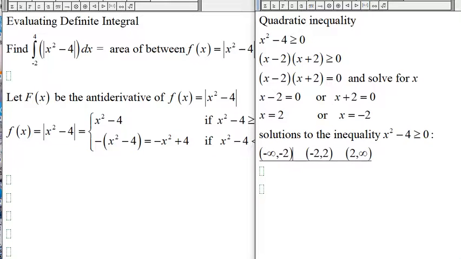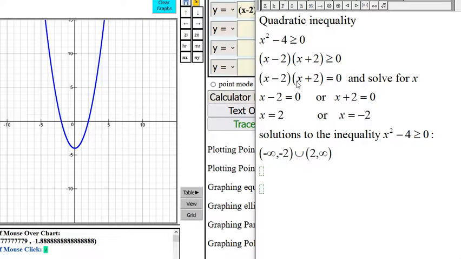And so normally we write it like this: the first interval and then union with the second interval. Because these are the intervals where the graph is above the x-axis. This interval, that's where the graph is above the x-axis. This interval, that's where the graph is also above the x-axis. And since we have a greater than or equal to here, to be technically correct, we need to write this like this.